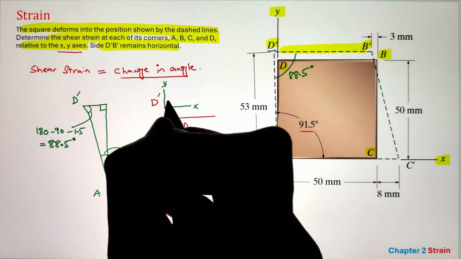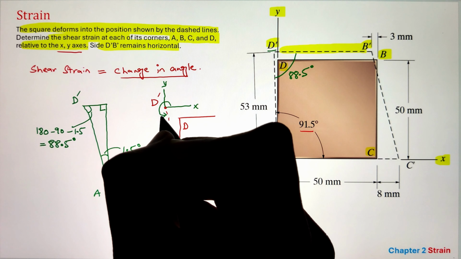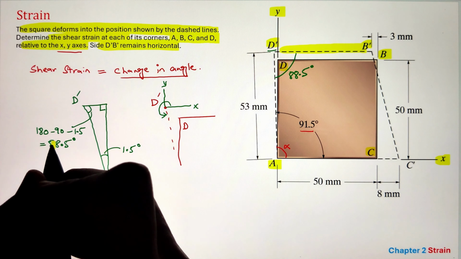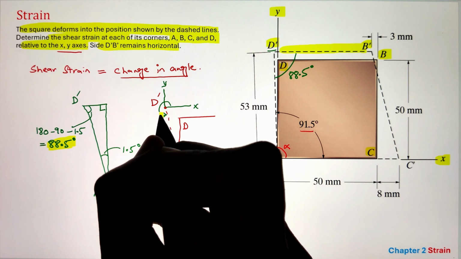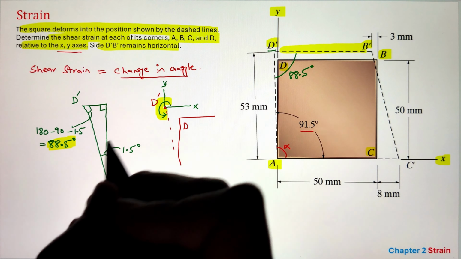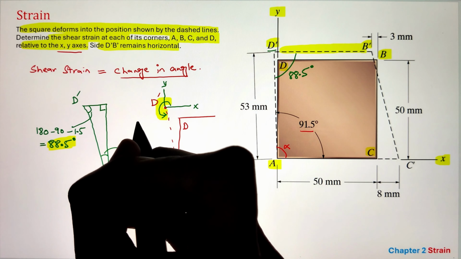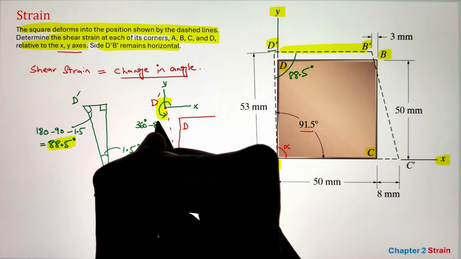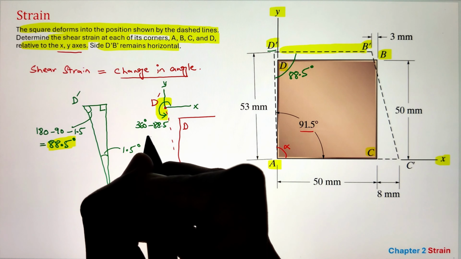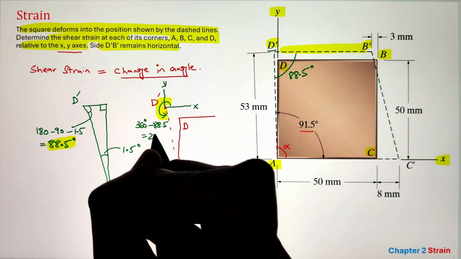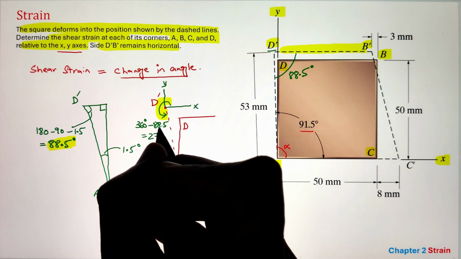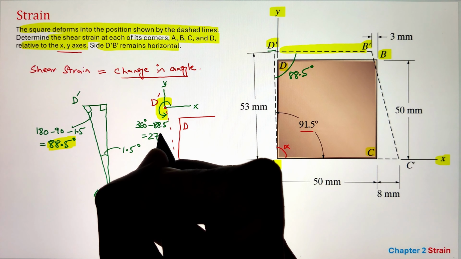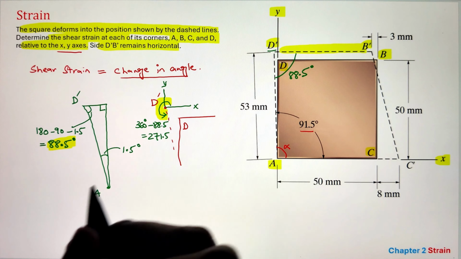To do that, we can place our axis on the new point at D dash and start measuring the dotted line. So this angle will equal 360 minus 88.5, that is 271.5 degrees. Now this is the new angle.